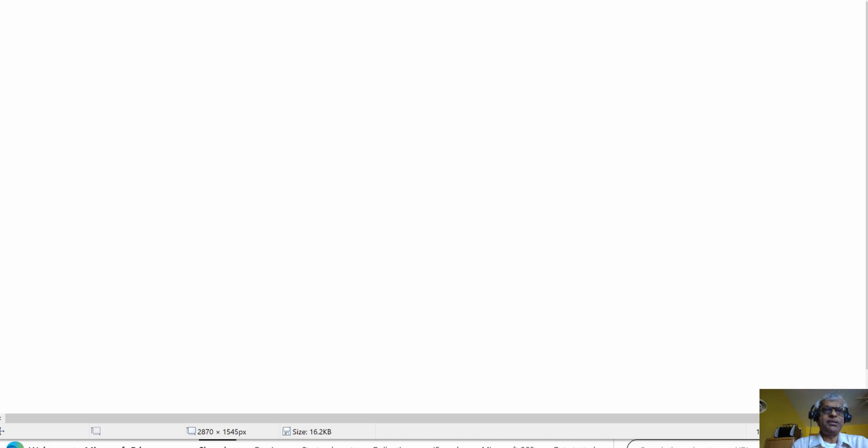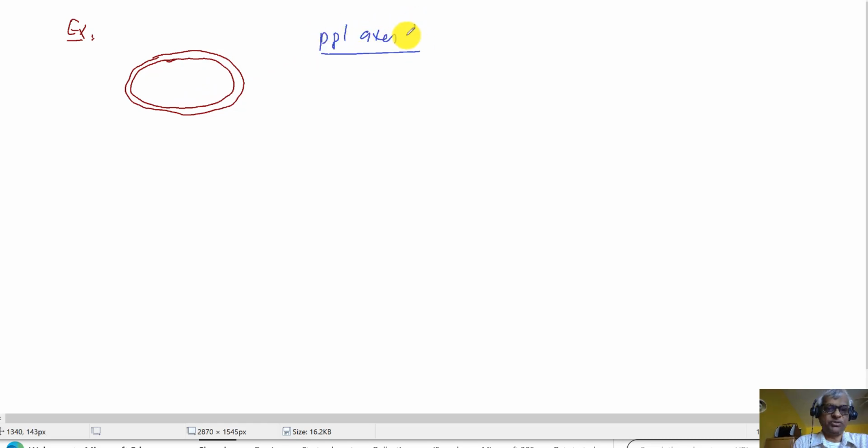Another thing that's important. Let's do another example. So if I have a ring, here is the ring, and what's the principal axis for this? That's the first thing you should ask.